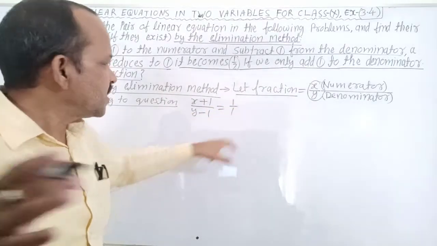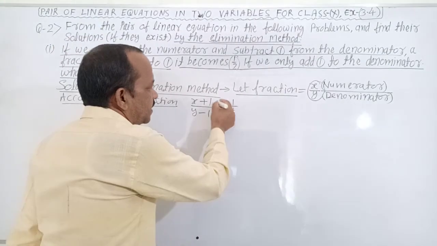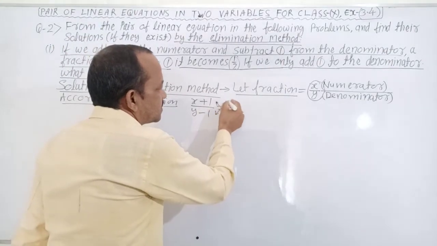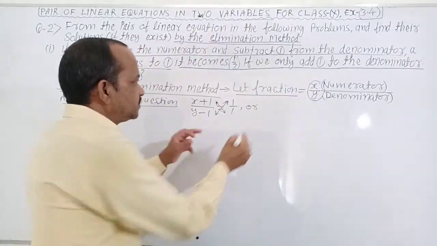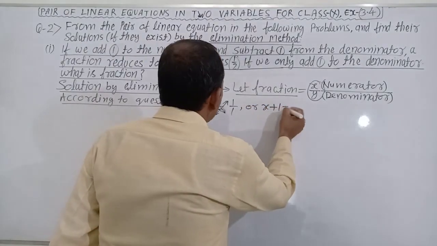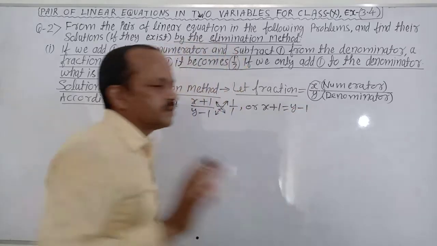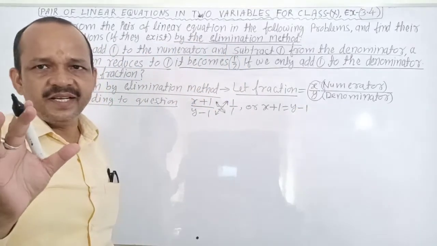It is clear? You can cross multiply. Here, cross multiply. It becomes x plus 1 equal to y minus 1. Clear?